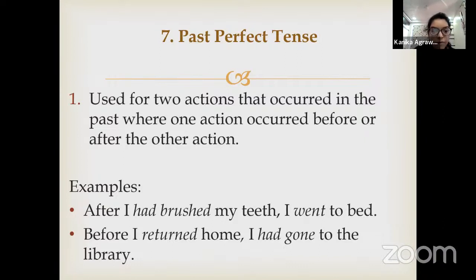Another example, before I returned home, I had gone to the library. Before I returned home, I was with my friends. Before I returned home, I had gone to eat somewhere. Is it clear? You have two actions. One action has occurred before, one action has occurred after, or anything. Okay.